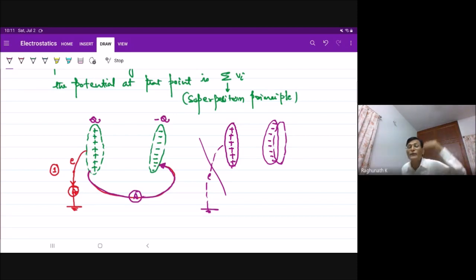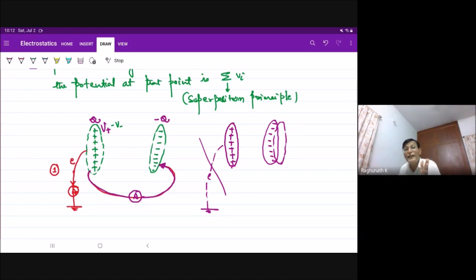In the absence of the other conductor, the positively charged object is at some potential V, called V plus. When the negative charge comes onto the other conductor, at any point on the surface of the first conductor there will be V minus also.